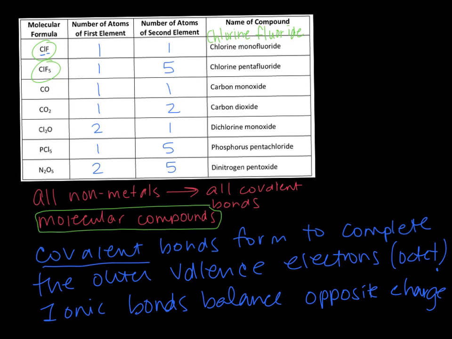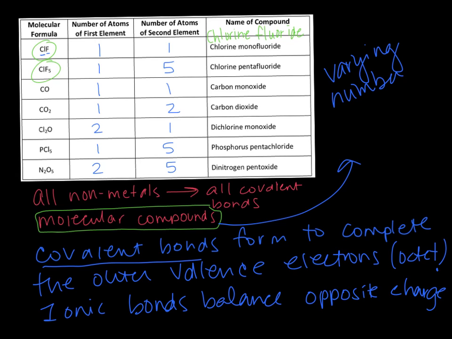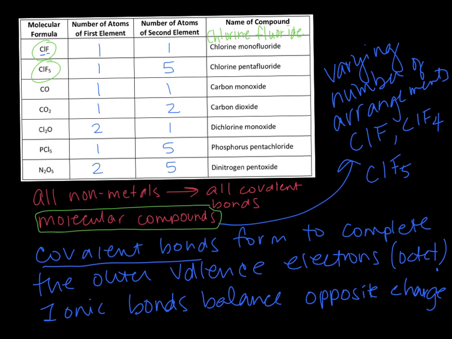Okay, so with covalent bonds and molecular compounds, you can have a varying number of arrangements. So you can have ClF, you can have ClF4 or ClF5, and all these different compounds exist, whereas if you have sodium bromide, it has to be NaBr because Na is +1 and Br is -1, so the only thing you can have is NaBr.